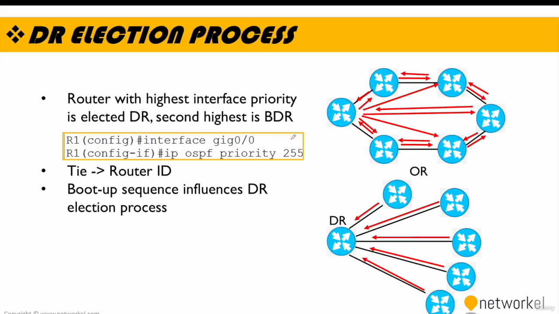I have this command here to configure an OSPF priority for my respective interface, and this priority determines which device becomes the DR. The highest priority device will be the DR.